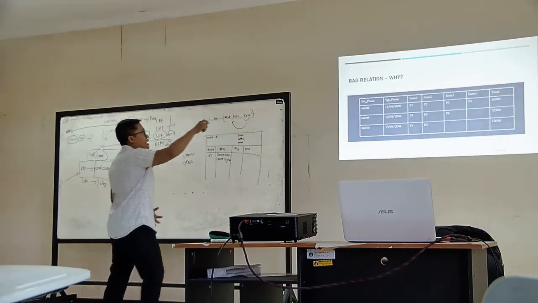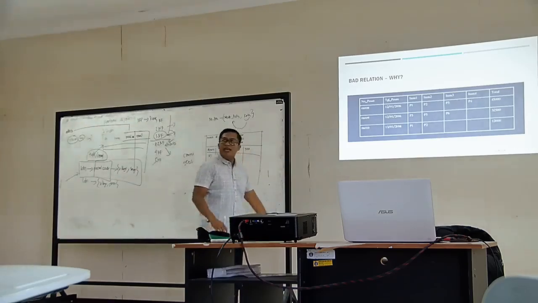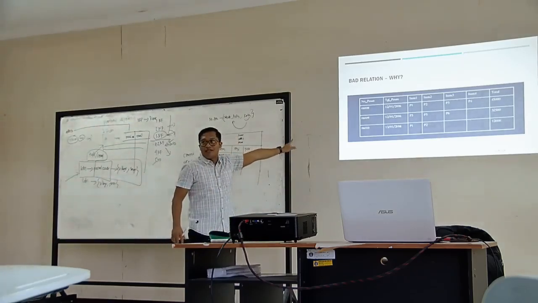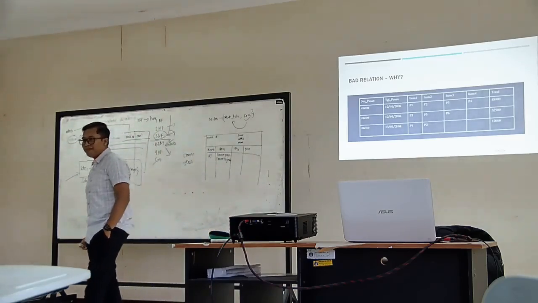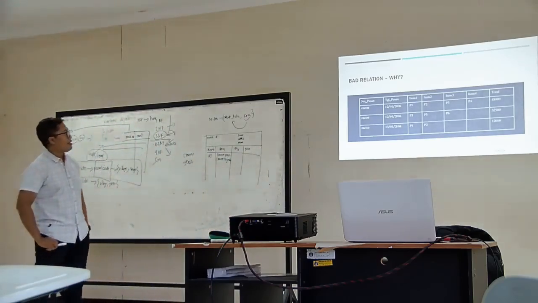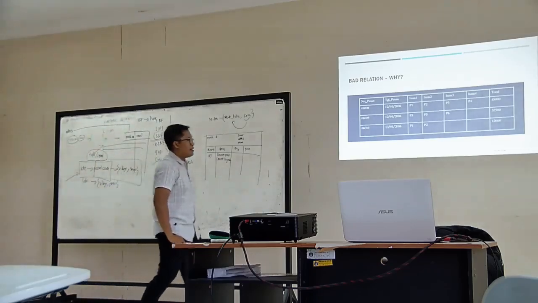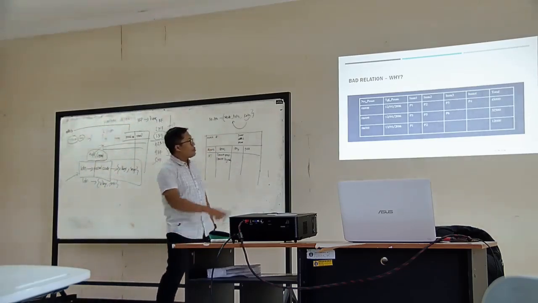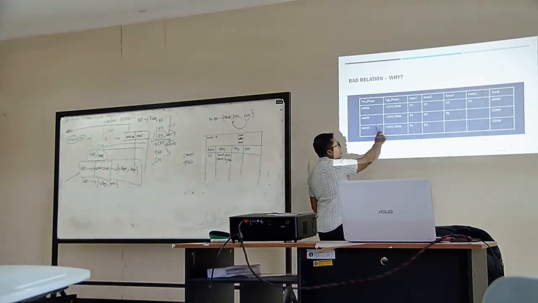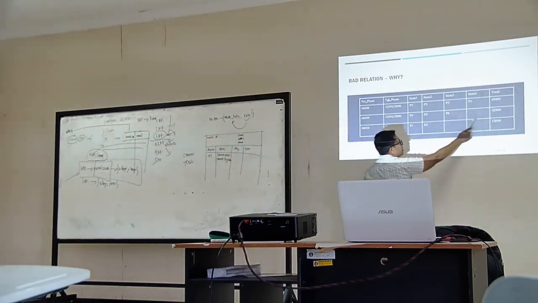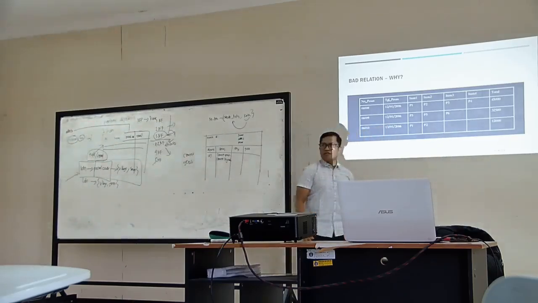Okay, we have tables like this. Why does it become a bad relation? I think there is a null or some record data that is not built in. Okay, some data contain null values. This and this and this. Yeah, it's bad.